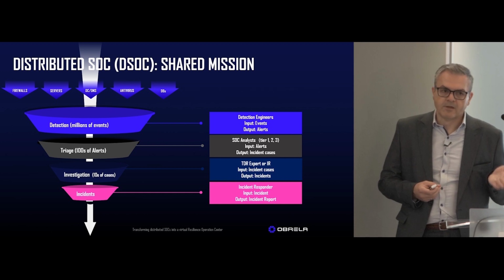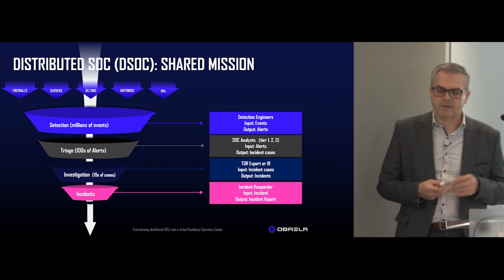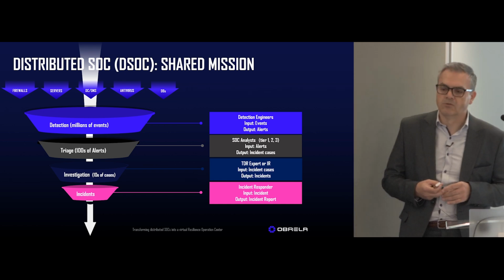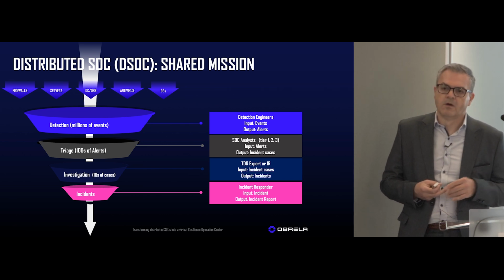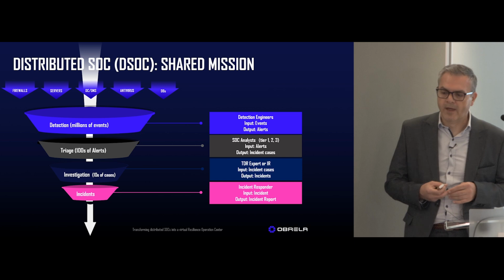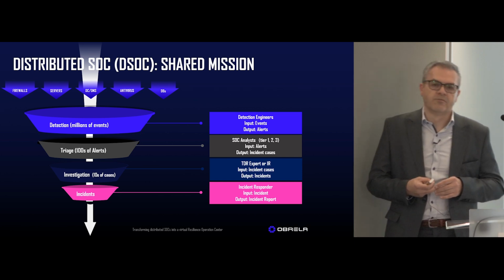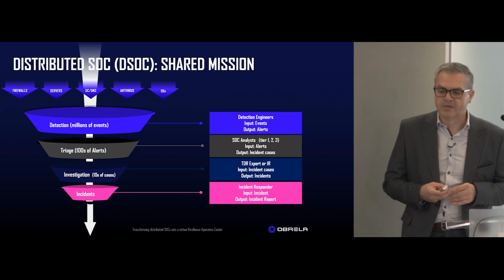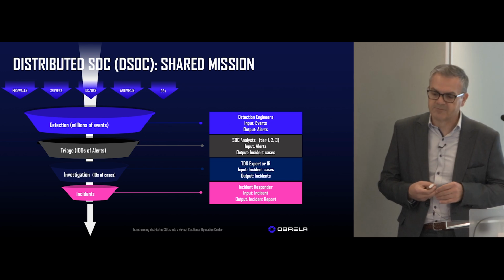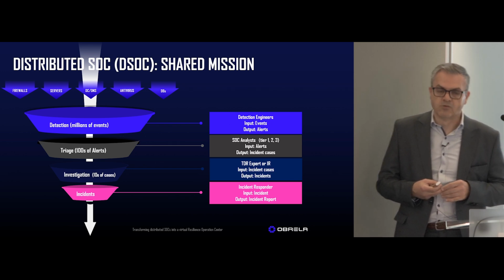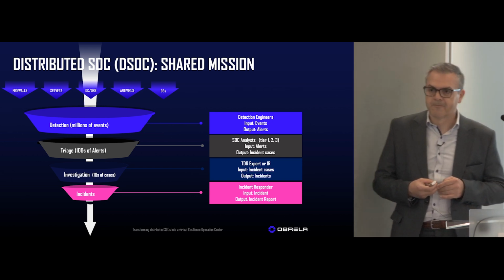So, quite reasonably, the distributed SOCs emphasize having the right capacity of security experts to be able to autonomously perform threat detection in an optimal way with the support of detection engineers, handle alerts with minimum false positives and false negatives with the support of security analysts and investigation experts, respond fast on high criticality cases with the support of incident responders.